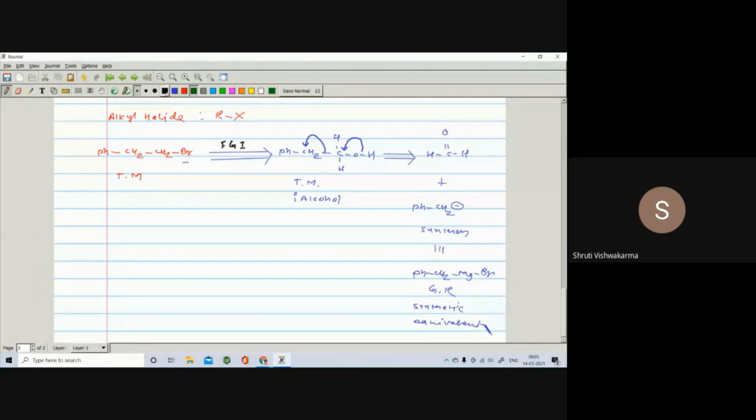In the net reaction, the starting compound is formaldehyde, because here it is the primary alcohol. It reacts with the Grignard reagent Ph, CH2, Mg and Br. The reaction takes place in the presence of dry ether.